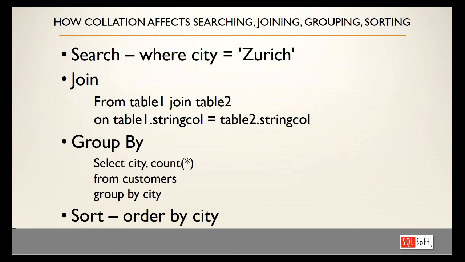And also sorting, order by, alphabetically, but when you get into the 8-bit characters, those will be sorted after the corresponding 7-bit characters. So U without the umlaut comes before U with the umlaut.